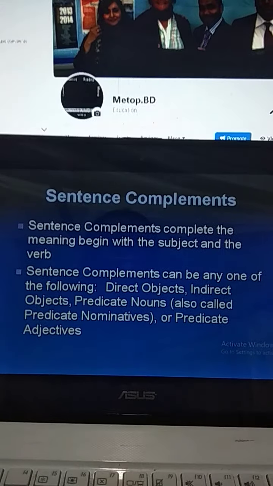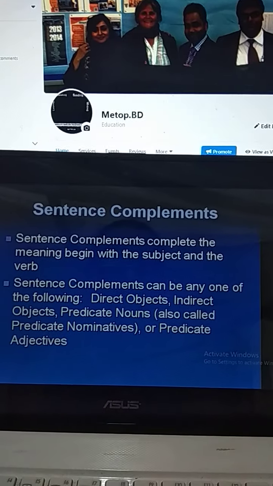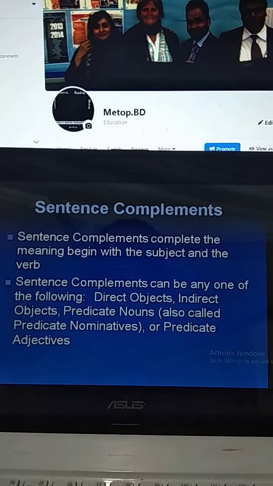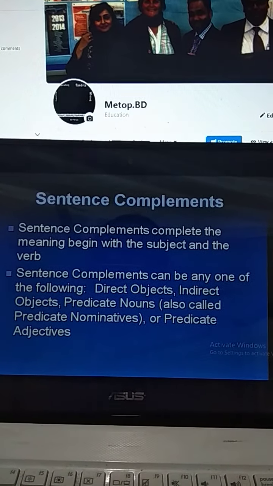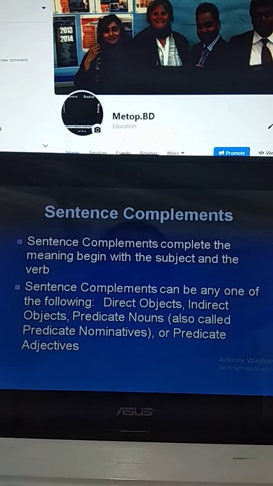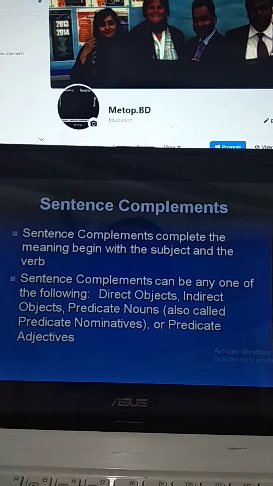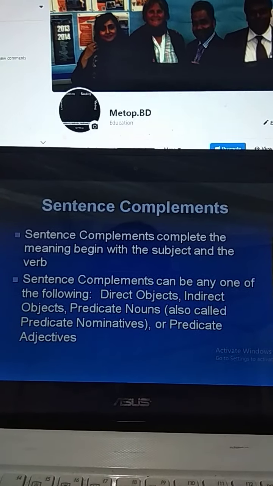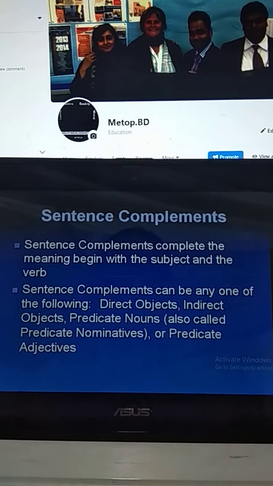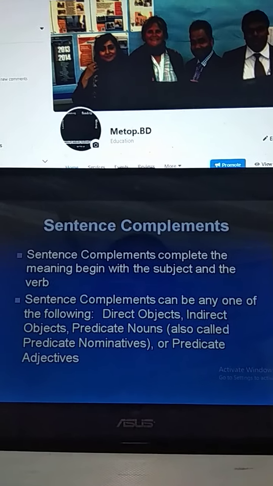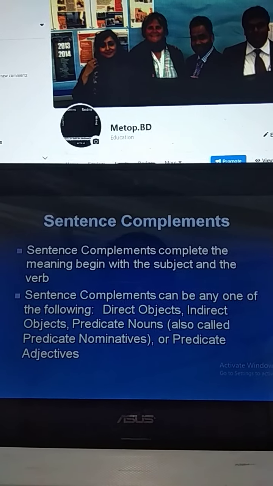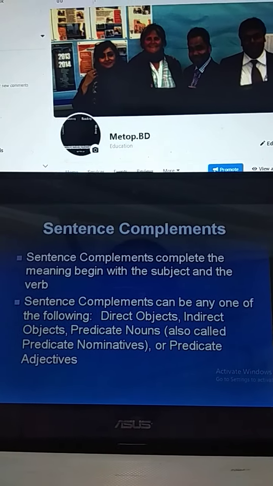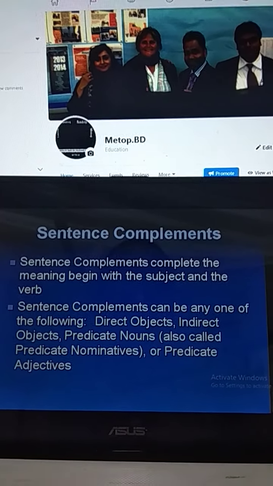Well, sentence complements. Sentence complements complete the meaning, along with the subject and the verb. Sentence complements can be any one of the following: direct objects, indirect objects, predicate nouns, also called predicate nominatives, or predicate adjectives.